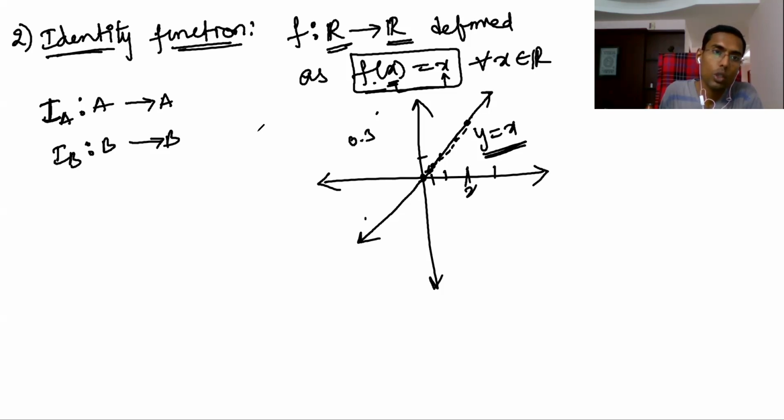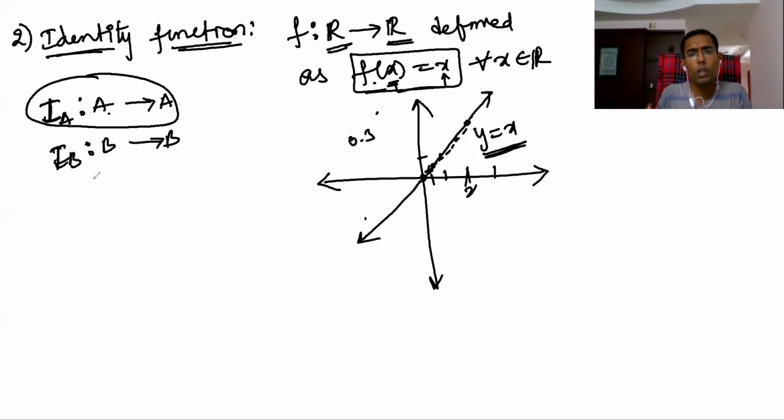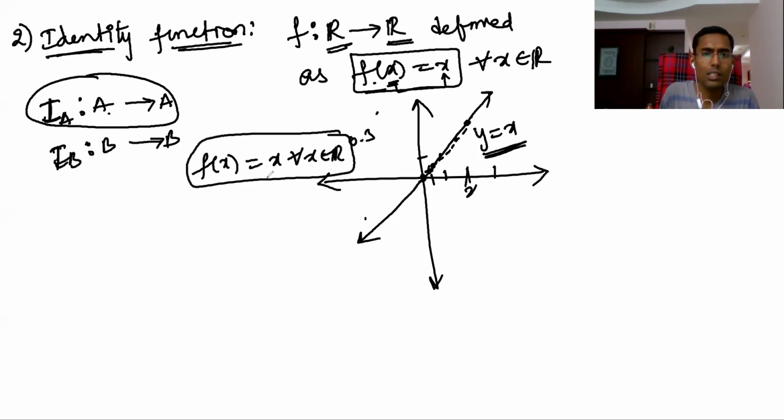If I is the identity function from A to A, we represent it with I_A. If from B to B, we represent it as I_B. But in general, identity function is defined from real numbers to real numbers. Very simple. Identity means, if you see your face, X's image is X only, for all X belongs to R. Whatever real number you take, you will get the same image.